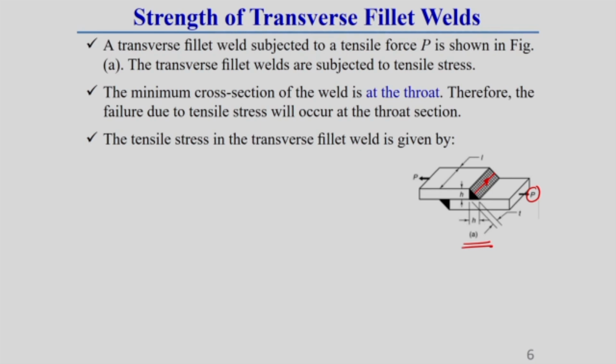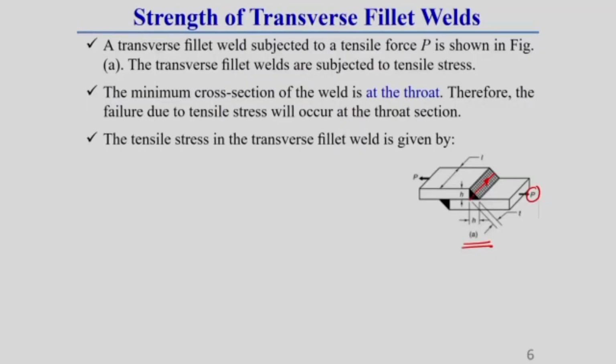Now, we are interested in finding the strength equation of this transverse fillet weld. Let us consider a single weld. Here a transverse fillet weld is subjected to tensile force P, shown in the figure. As it is a tensile force, the resisting force inside the weld should also be tensile in nature.